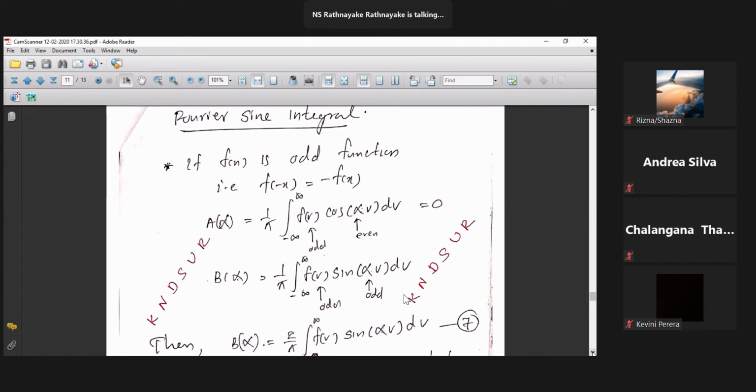And also the second one, the definition for B(alpha): 1 over pi, integral from minus infinity to plus infinity of f(v) sin(alpha v) dv. Again, if the given function is an odd function, and we know that sin(alpha v) is an odd function, then the multiplication of two odd functions becomes an even function. Then there should be a value for that.